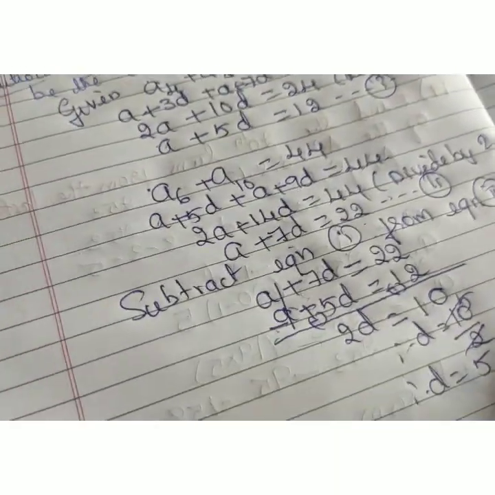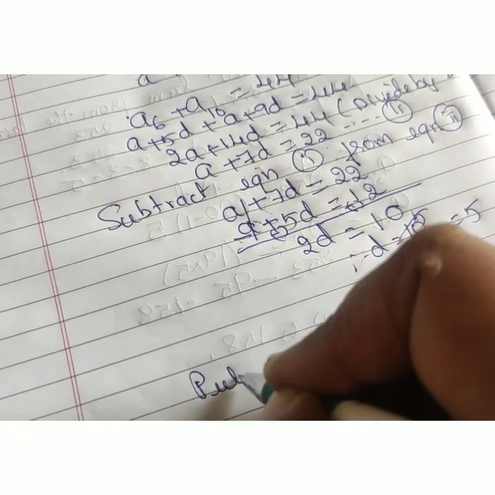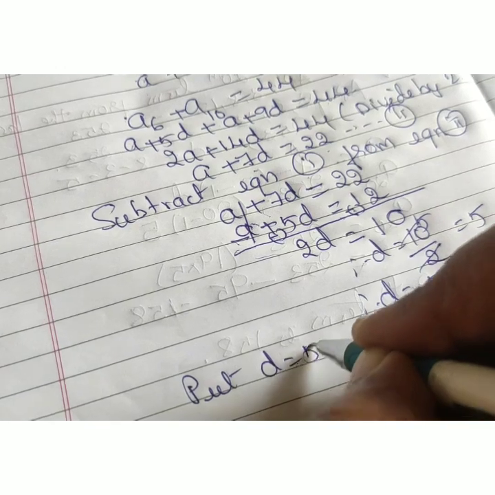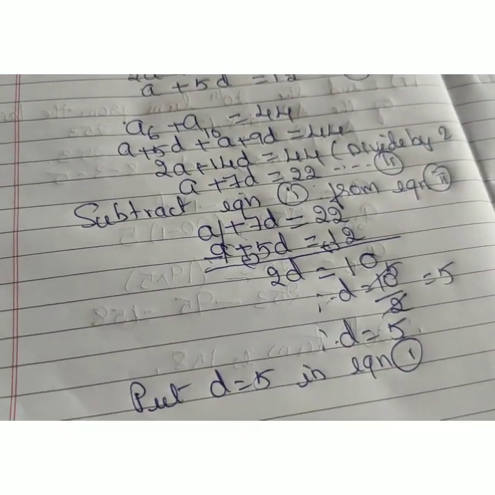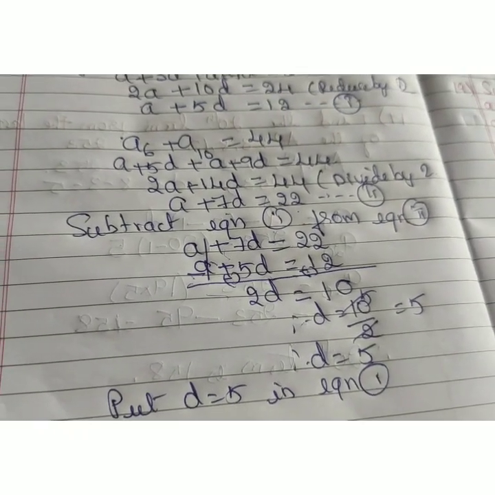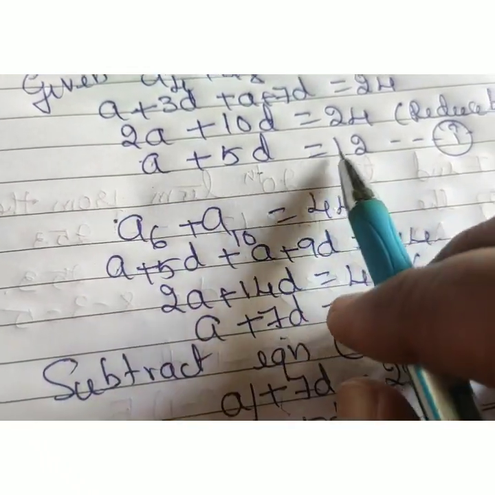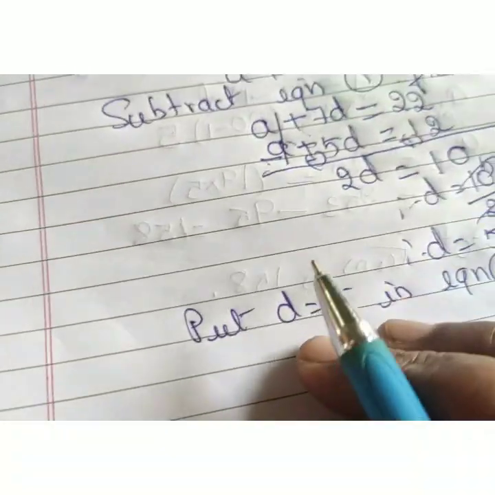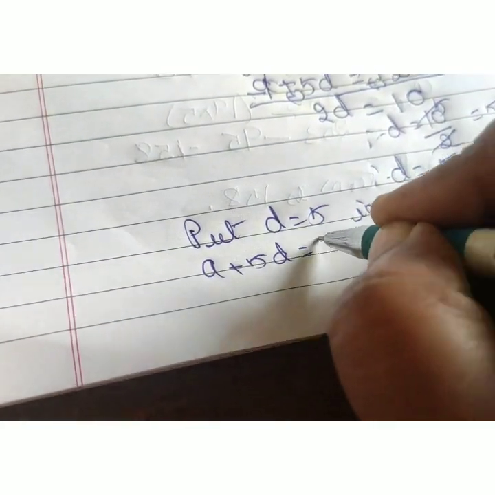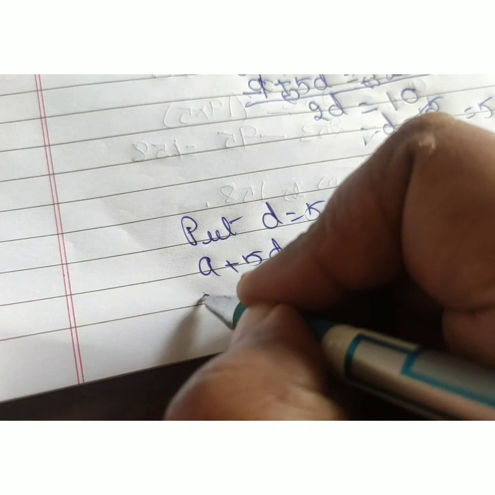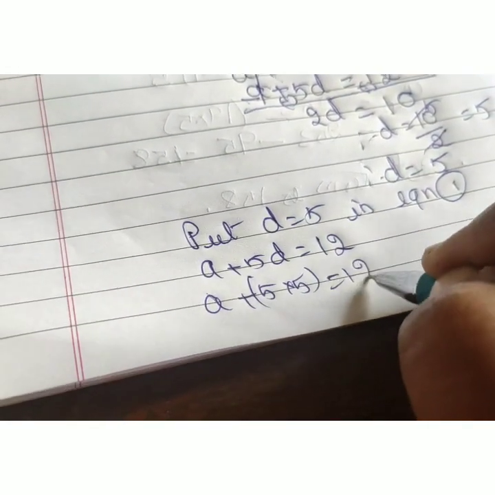Okay. Now let us put D is equal to 5 in equation 1. We took the equation as A plus 5D is equal to 12. So A plus 5 into 5 is equal to 12.